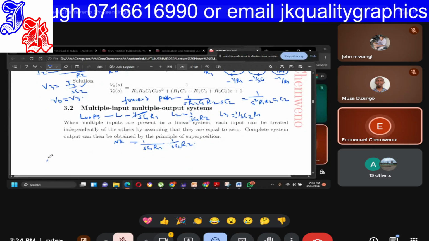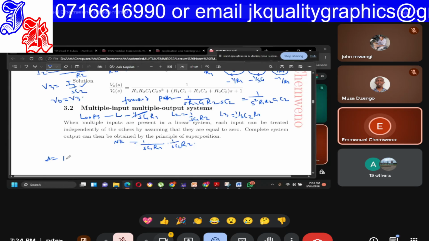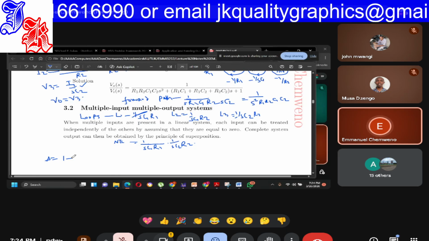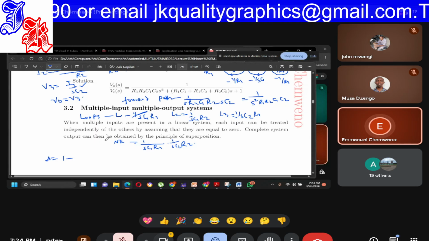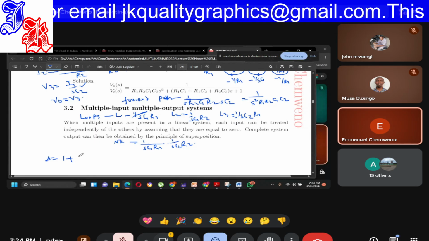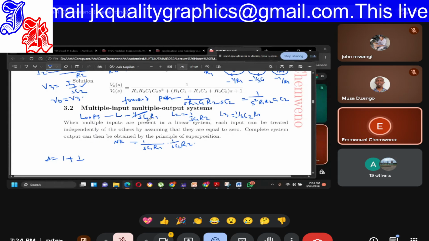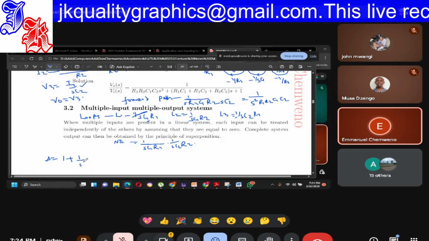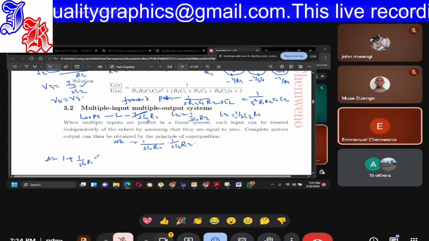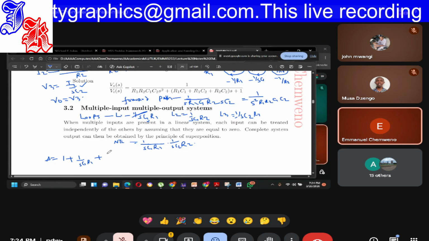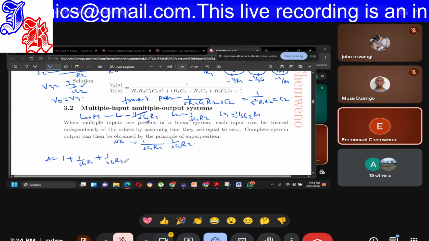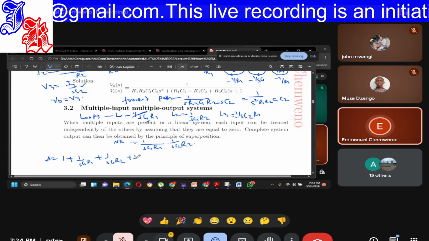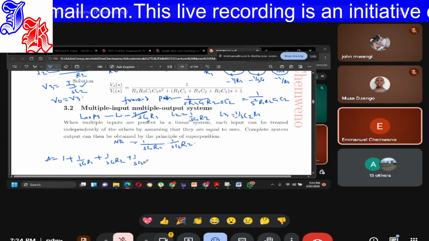Therefore, the determinant is equal to 1 minus the sum of individual loops, which is basically plus 1 over SC1 R1 plus 1 over SC1 R2 plus 1 over SC2 R2.